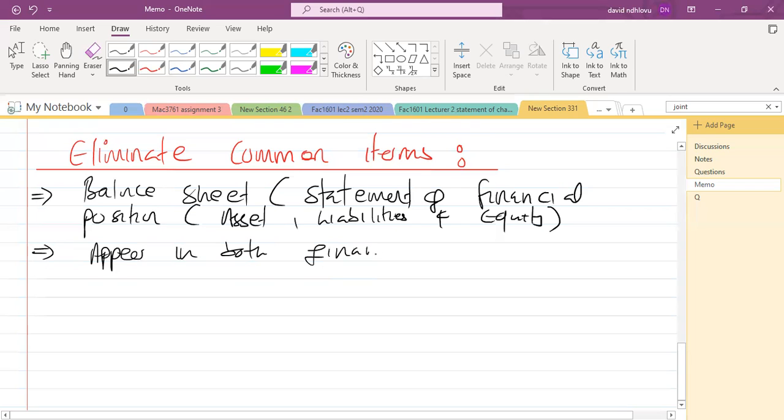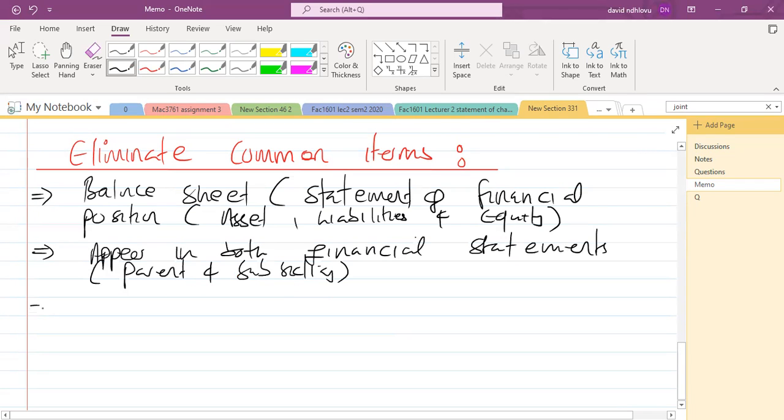Remember we've got two entities, the parent and the subsidiary. So these items, you'll find them in the separate financial statements for both the parent and subsidiary.